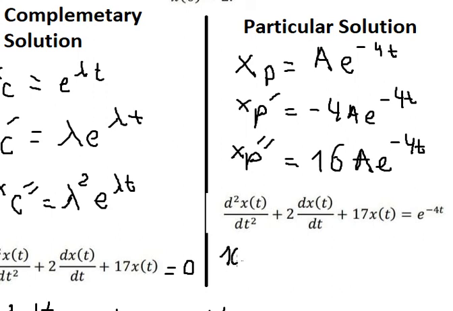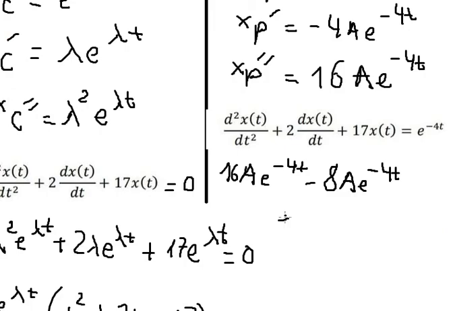So we have 16A e to the power of negative 4t. 2 with negative 4, we have negative 8A e to the power of negative 4t. And this one goes in here, so we have 17A e to the power of negative 4t equals e to the power of negative 4t.